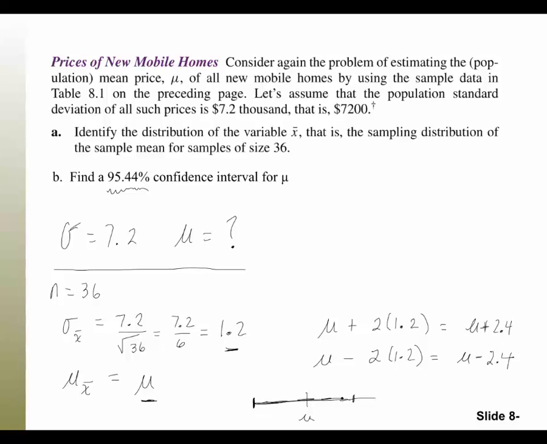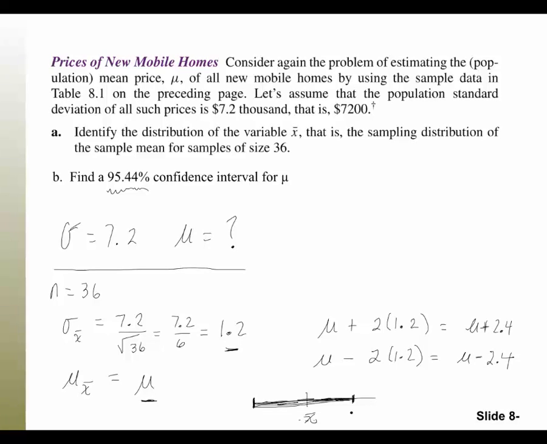So that gives us what's called a confidence interval. If we had a mean of a sample of size 36, we would add 2.4 to it and subtract 2.4 from it, and we would be 95.44% confident that the actual population mean fell within that range. So actually, this is really x bar here. We get a mean of a sample of size 36.